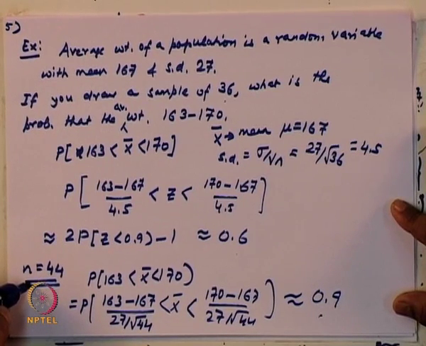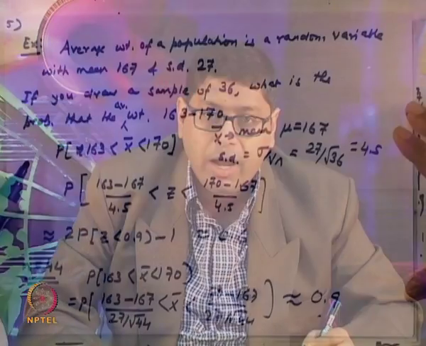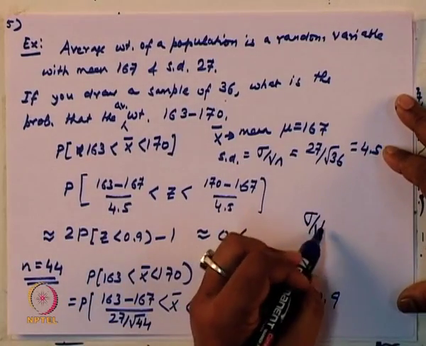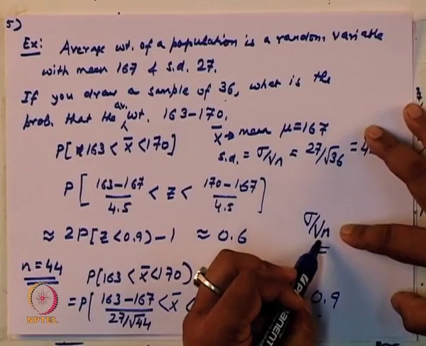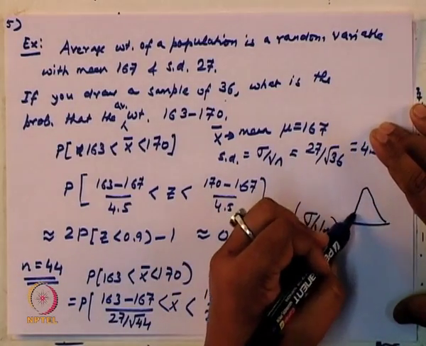So, this is very important to note. Your spread is inversely proportional to root n. The standard deviation of the distribution is sigma by root n, so with an increase in n, the distribution becomes more and more peaked.